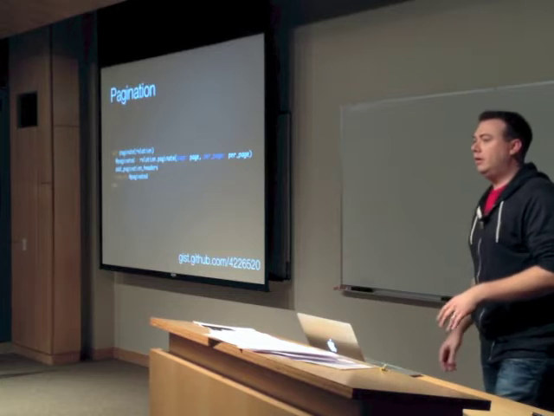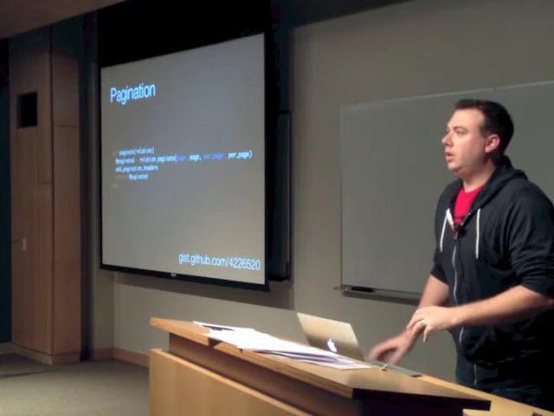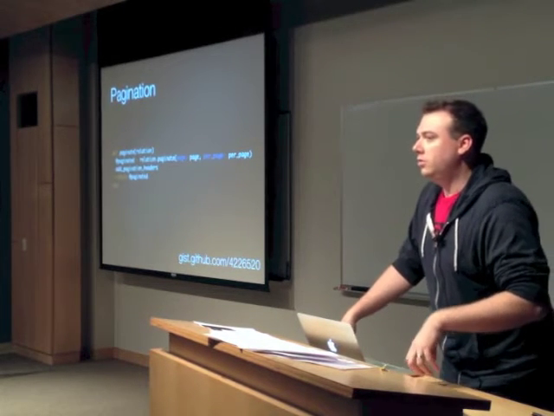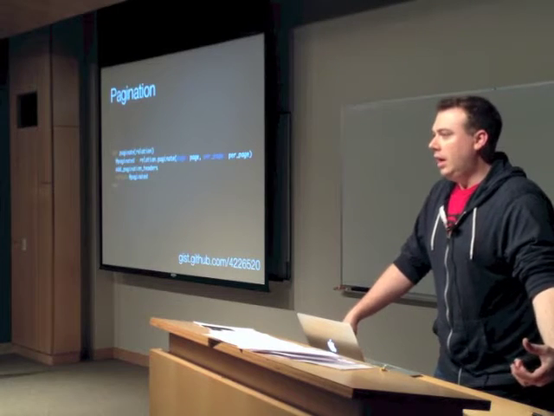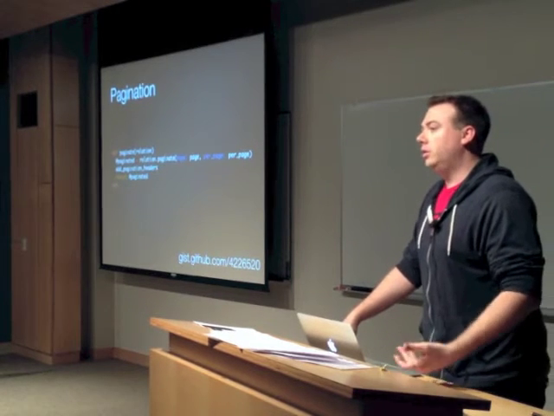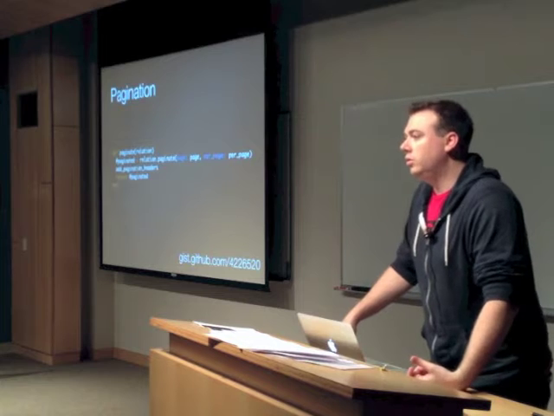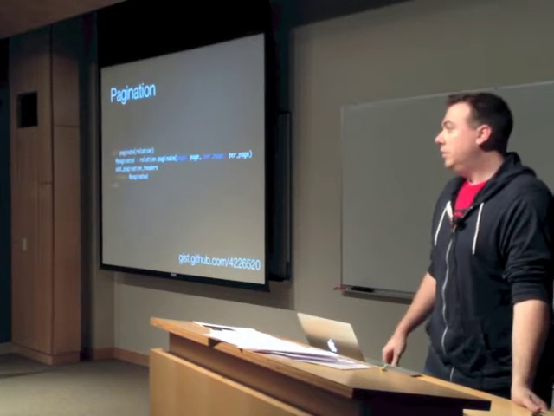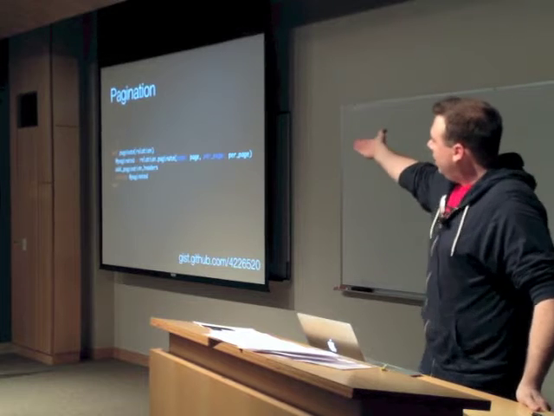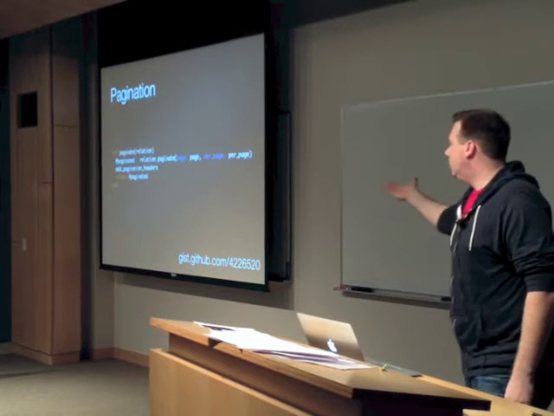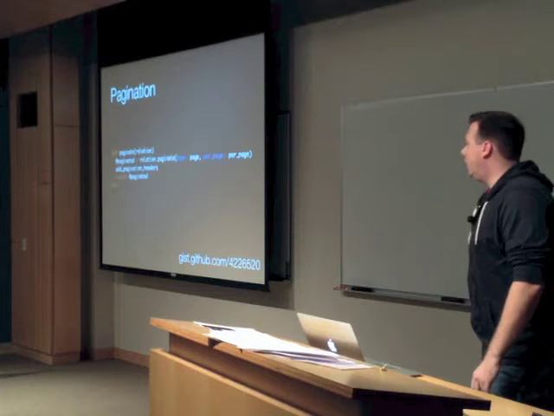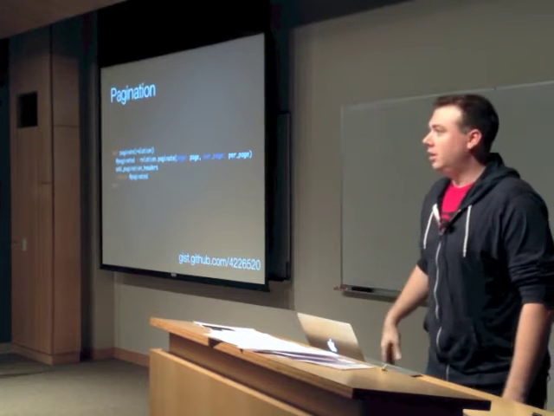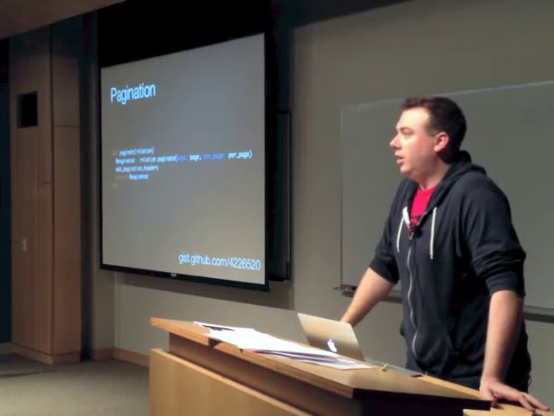So just another little detour. Pagination can be a pain with APIs, just because the correct way to do it is adding this really bizarre link header to your responses. This is obviously a very shortened version. If you look at the gist, there's an add pagination headers method that takes care of all that.